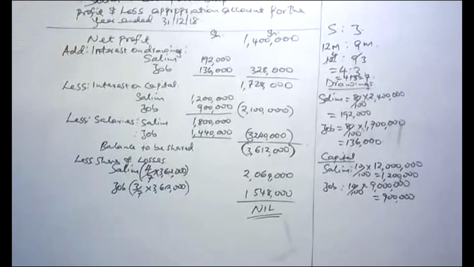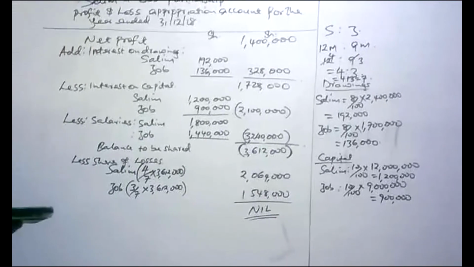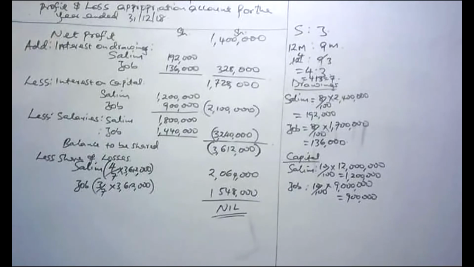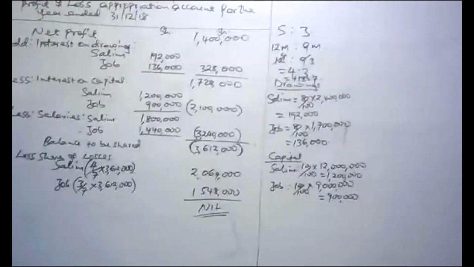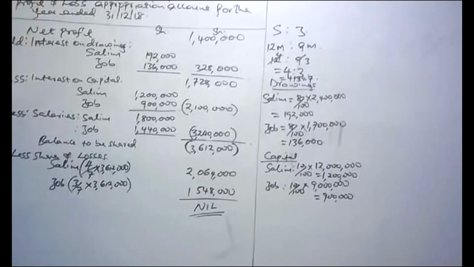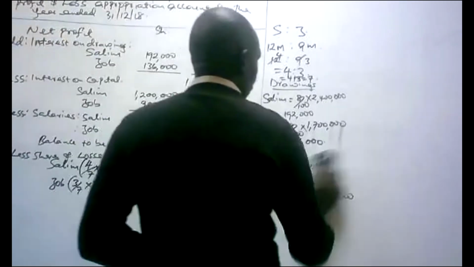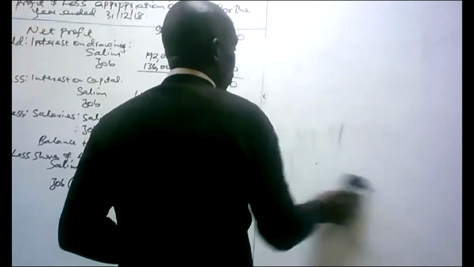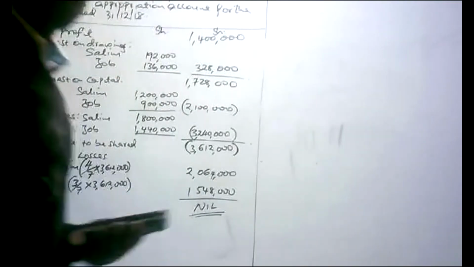But remember, that is not what the question was asking. We were supposed to prepare the current accounts. But the current accounts are very easy to prepare when you have done the appropriation, because you are going just to pick the figures from the appropriation and post them to the current account.